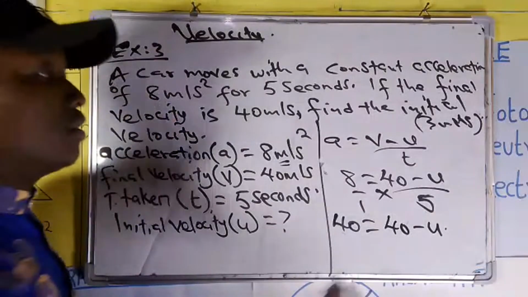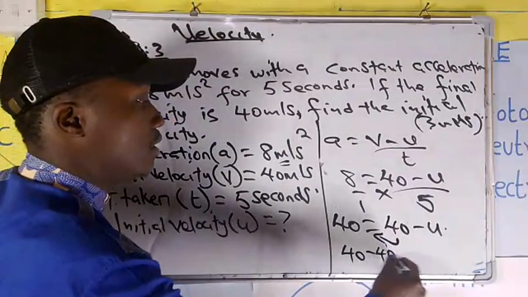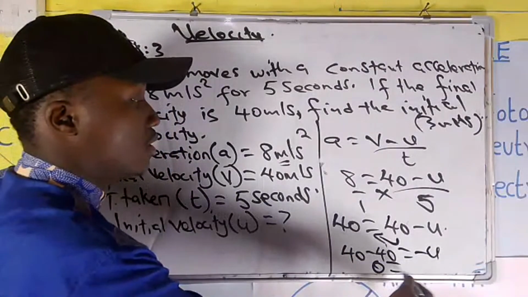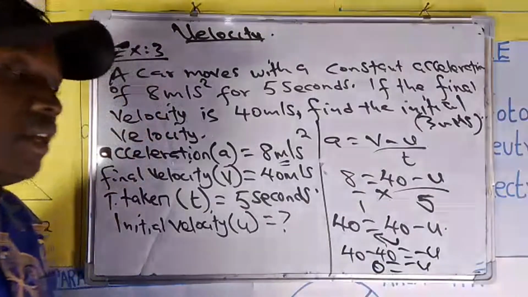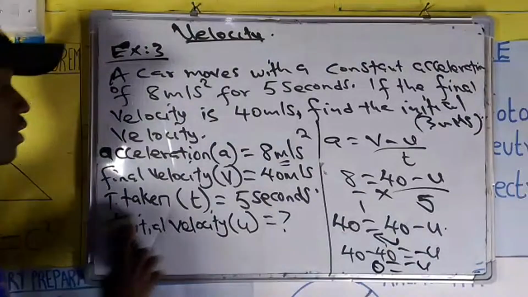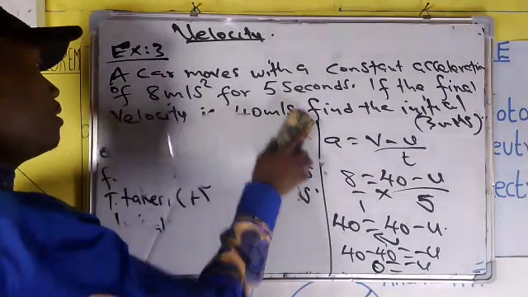So when we bring this to the other side, 40 minus 40 is equal to negative u. So 40 minus 40 is 0. So 0 is equal to negative u. Even if we divide both sides by negative 1, our initial velocity will remain 0 meters per second.